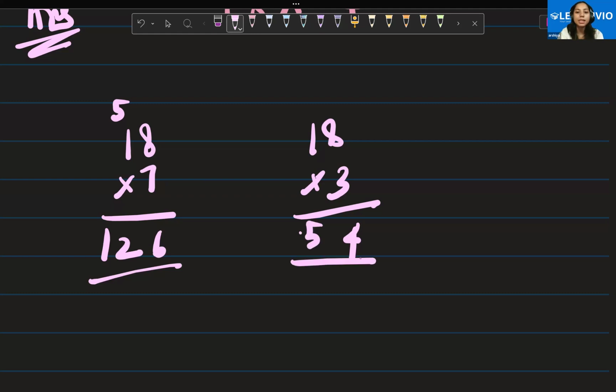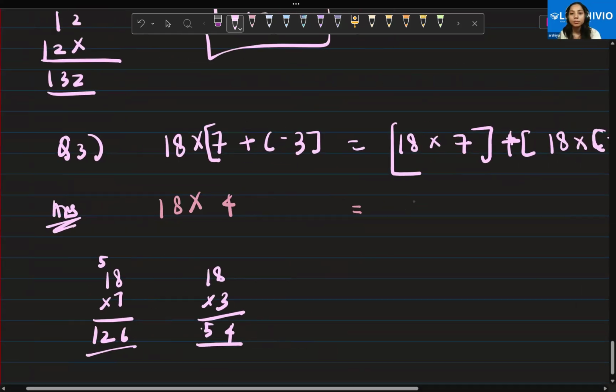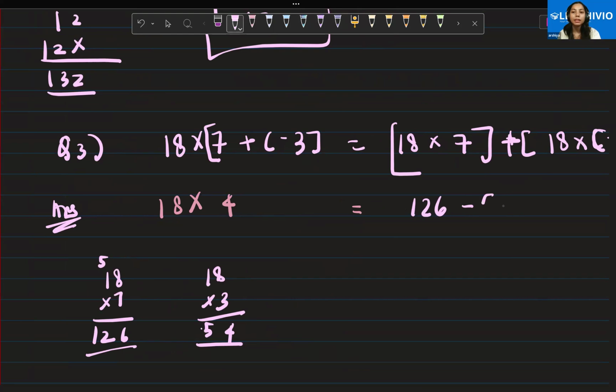So we have 126 and this will be negative 54 because 3 is negative. And how much is 18 into 4? Let's also multiply that. 4 eights is 32, balance 3, 4 ones are 4, 7, so 72.